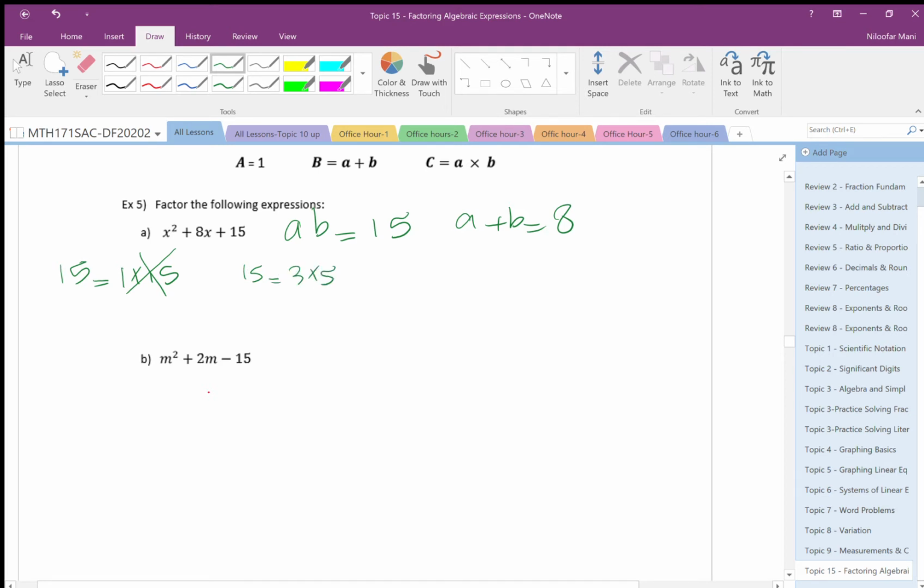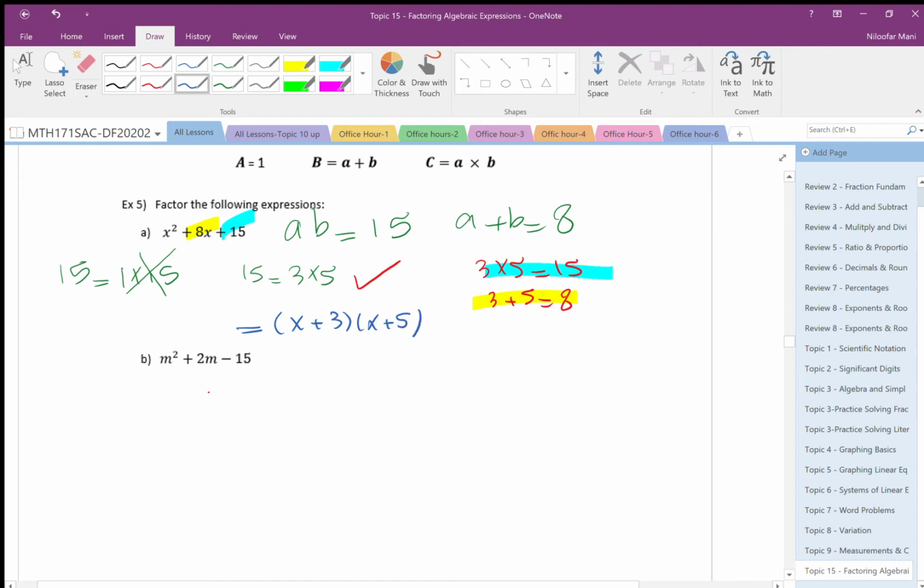Oh, yes, it's the answer, because 3 plus 5 is also 8. Perfect. 3 times 5 is 15, 3 plus 5 is 8. This guy and this guy. So it equals x plus this multiplied by x plus this.